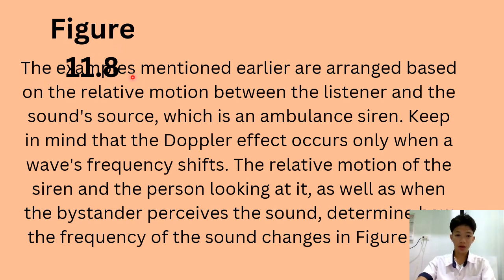In the example mentioned earlier, the cases are arranged based on the relative motion between the listener and the sound source, which is an ambulance siren. Keep in mind that the Doppler effect occurs only when the wave frequency shifts. The relative motion of the siren and the person, as well as when the bystander perceives the sound, determines how the frequency of sound changes.